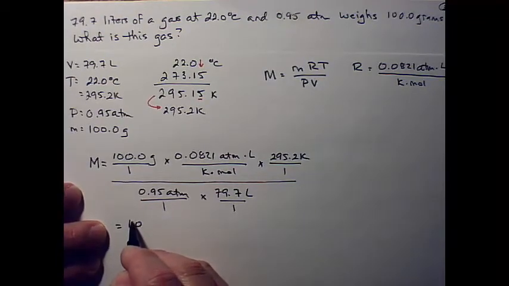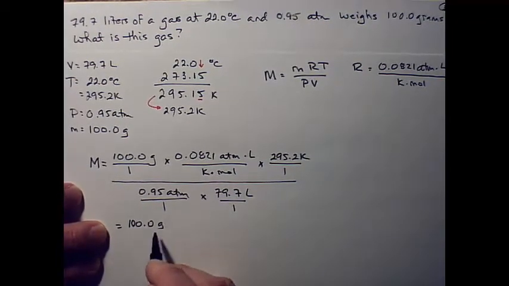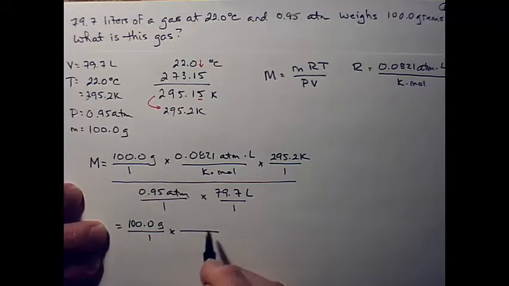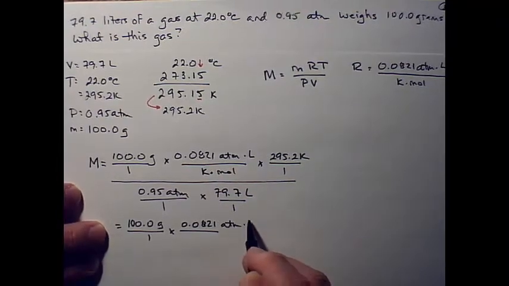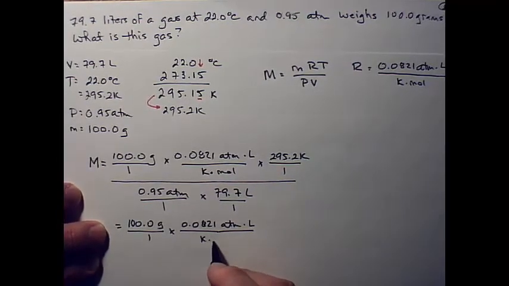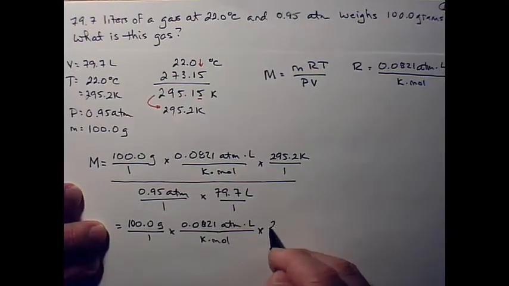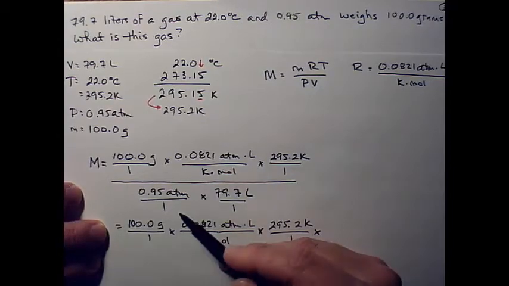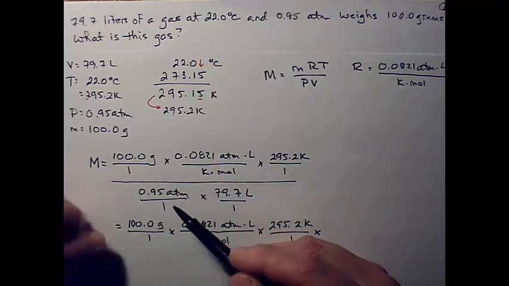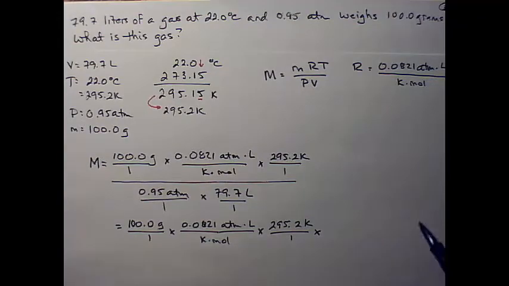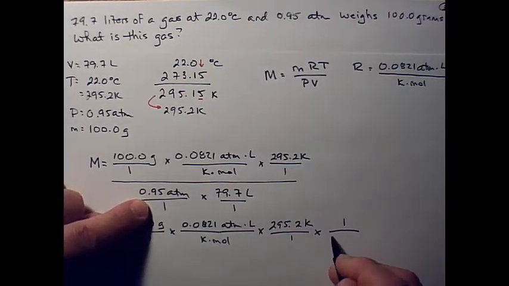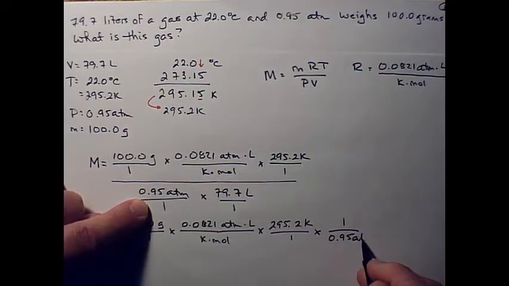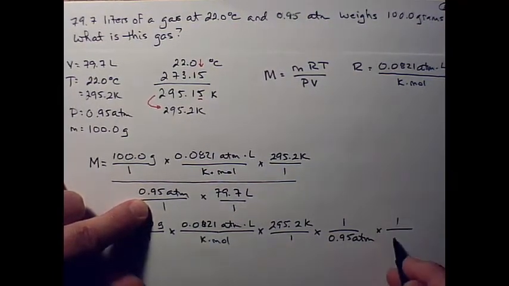I'm sorry, that should be 100, not 1. 100.0 grams over 1 times 0.0821 atmospheres liters over Kelvin moles, 295.2 K over 1. And we're going to invert and multiply, is what I like to call it. So we're going to flip these on the bottom and multiply over here. So we're going to have 1 over 0.95 atmospheres and 1 over 79.7 liters.